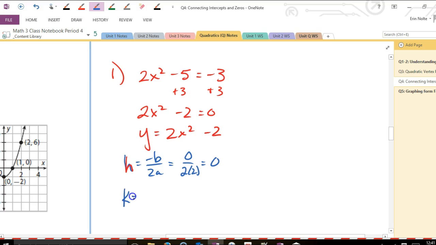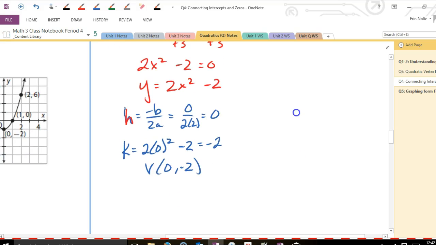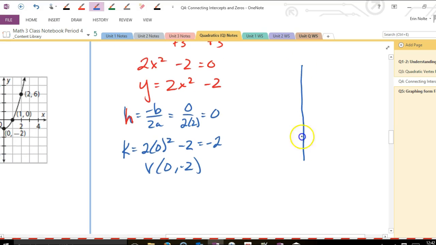Then to get my k value, I plug that back in. 0 squared is 0, 0 times 2 is 0, and 0 minus 2 gives me a k value of negative 2. So my vertex is 0, negative 2. I'm going to graph that very carefully, and then the slope of my function is 2, so I go up 2 over 1 in both directions, and then I graph this parabola.